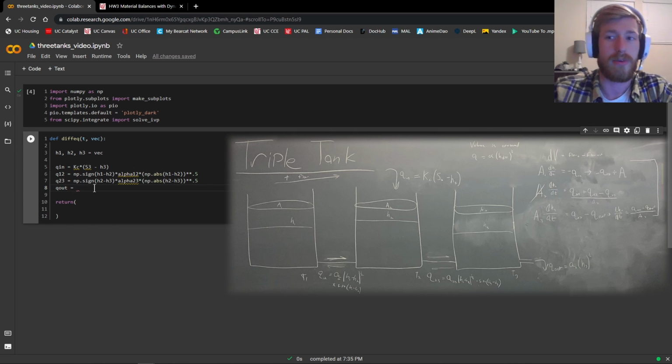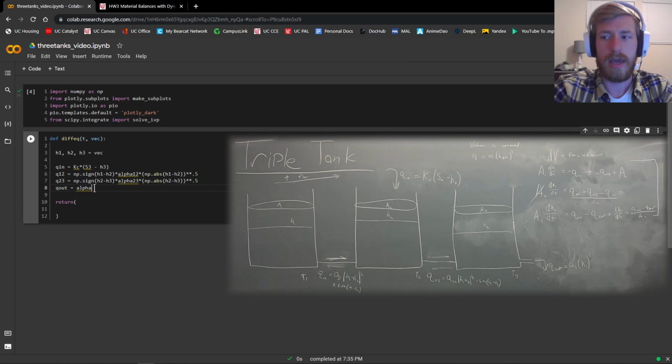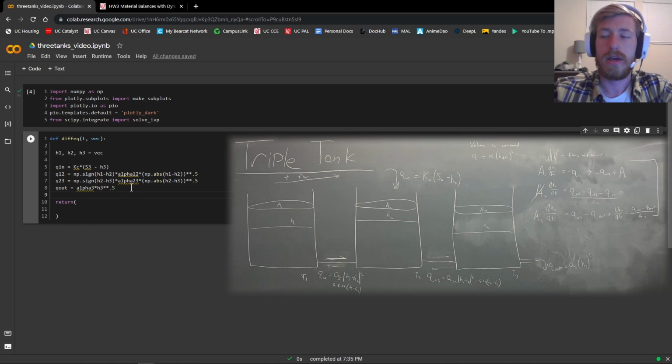So there is never going to be a reverse flow into tank 3 through the Q out pipe, the outward flow pipe. So we can simply write this as alpha, we'll call this alpha 3, times the height of tank 3, h3 to the power of 1/2. So here we have all 4 of our flows defined.